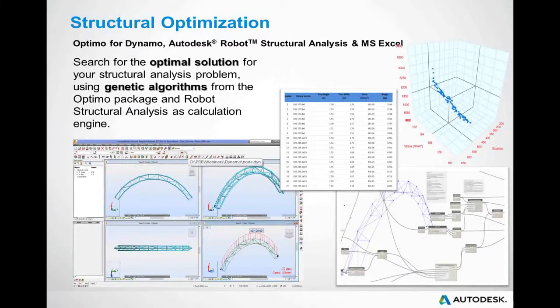The Optima package makes use of genetic algorithms to generate new values from initial population values. The parent-child relationship, in fact, using Dynamo as the central canvas, robot structural analysis as the calculation engine, and Excel as the post-processing tool, you can get ideal recipes for structural optimization principles.